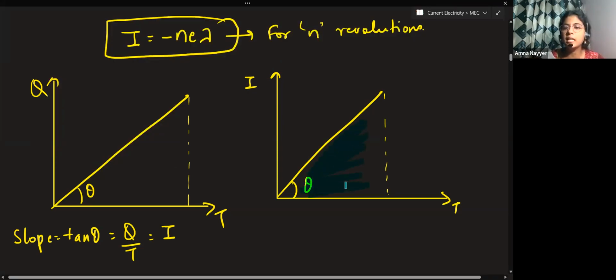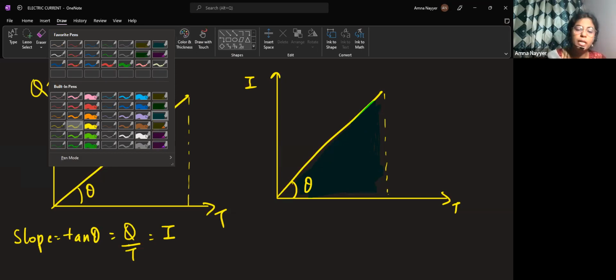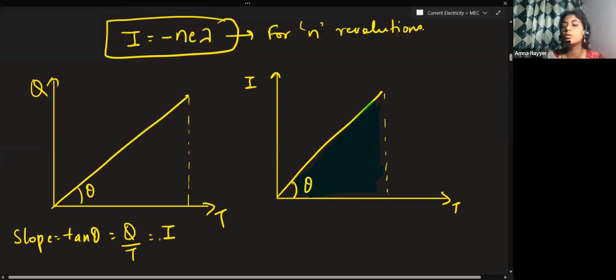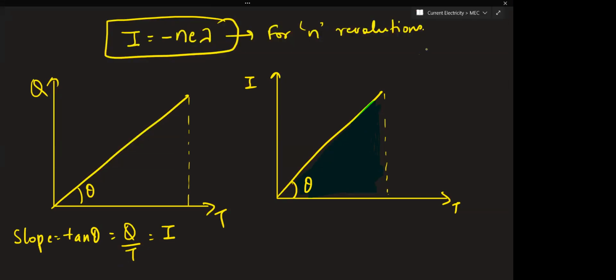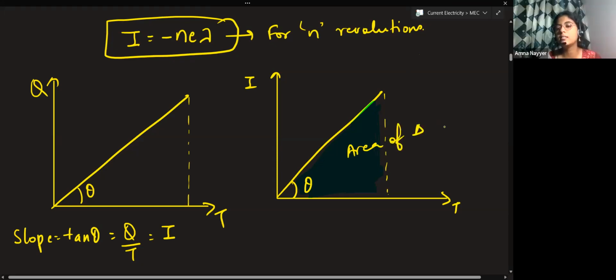This complete area will give the product of I and T. If you multiply I and T, that gives you charge. So the area of the triangle is given by I multiplied by T, that gives you charge.